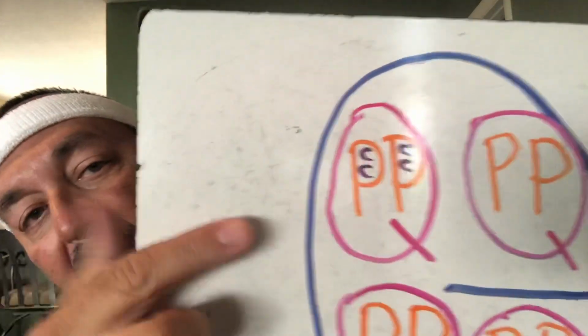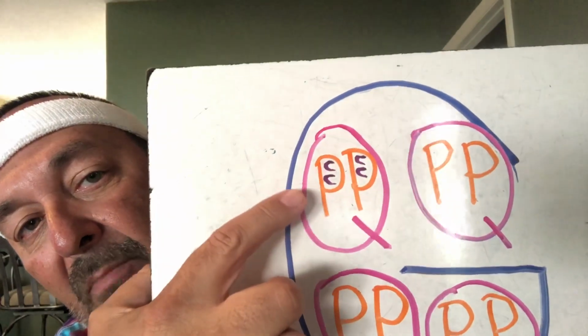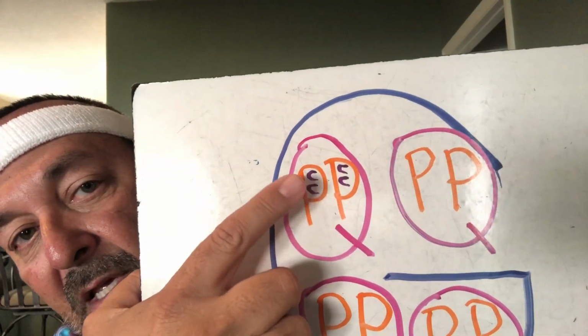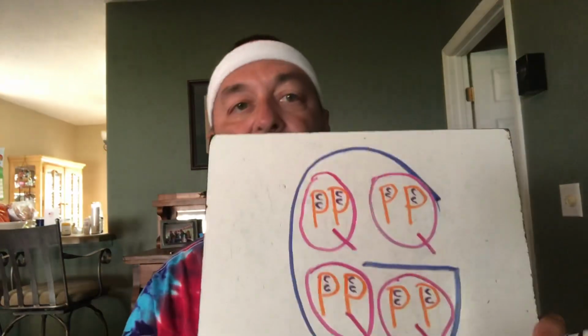So for each P, I'm going to put 2 C's in each P. 2 cups for every pint. So that's a lot of cups in a whole gallon.